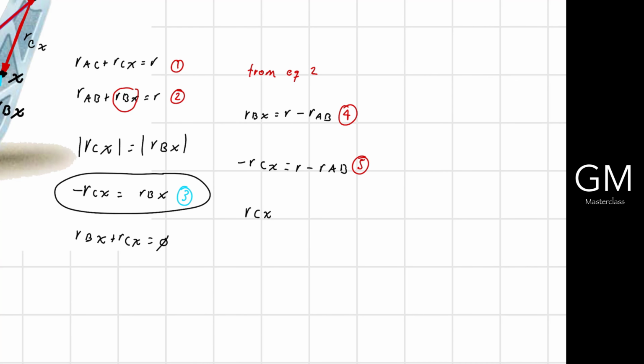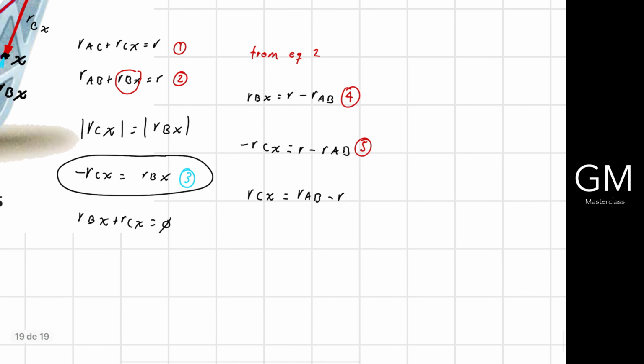So r_CX is equal to r_AB minus r, right? And this is still my equation number 5 because I just changed the symbol, sorry.